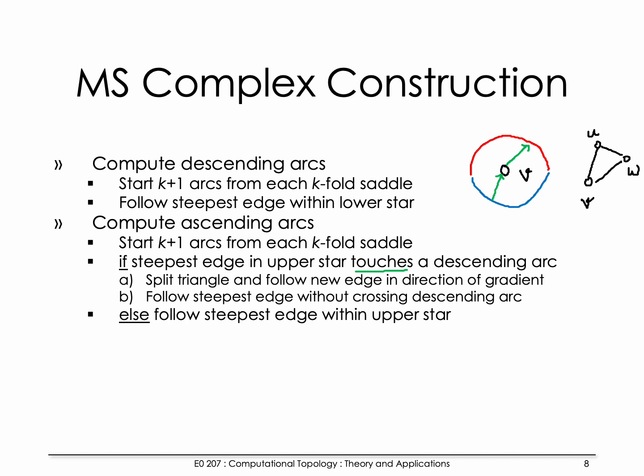So what we do is we split the triangle UVW so that you can follow the steepest edge within this triangle. And let me just draw directly that steepest ascent arc, right? And it essentially means that you are splitting, so you are creating new vertices as you go.